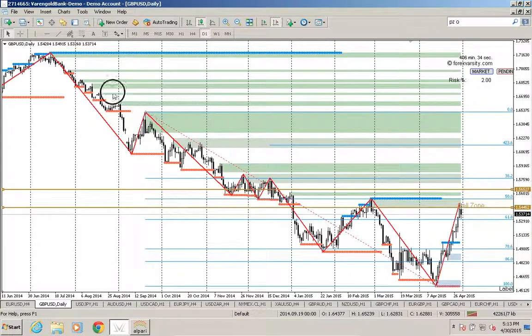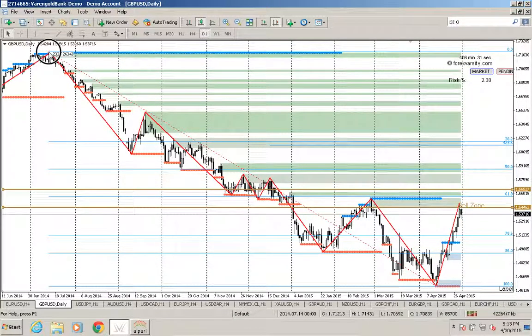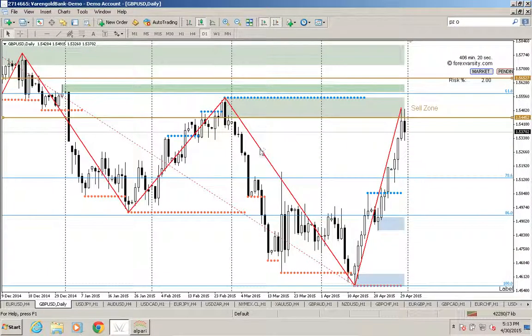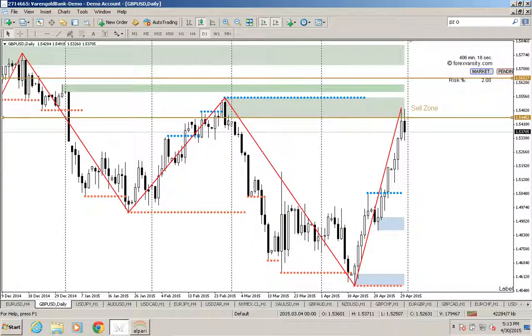So we can't use Fibonacci on the pound US dollar at the moment. We will just not use it. We will look for other reasons to take a trade there, but Fibonacci will not be one of the reasons.